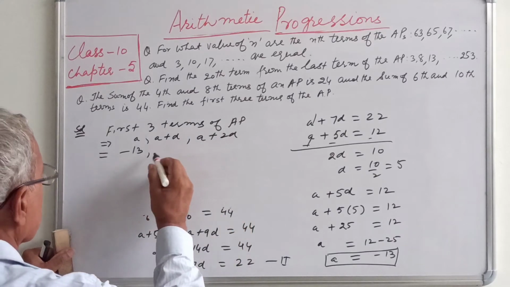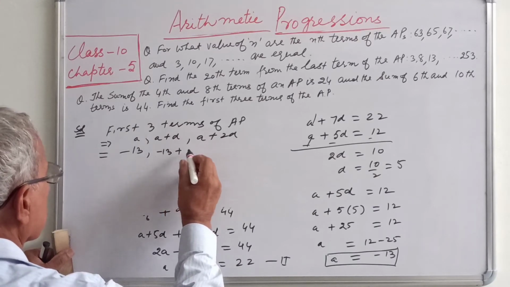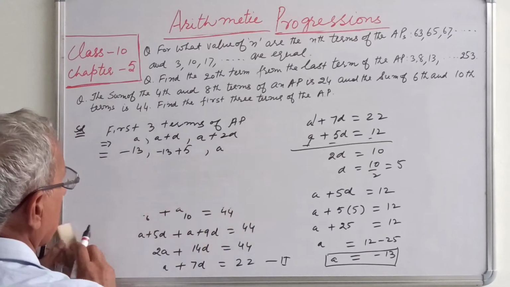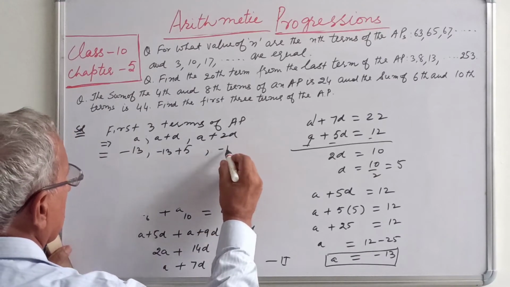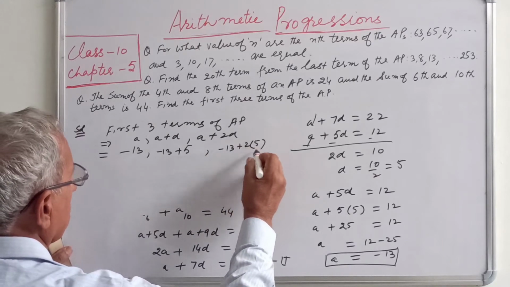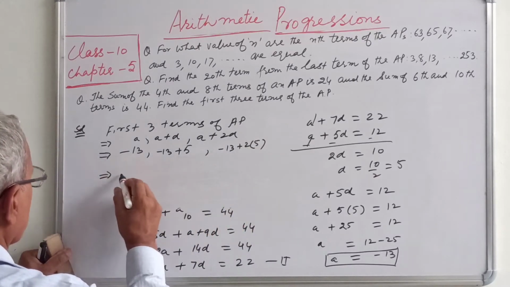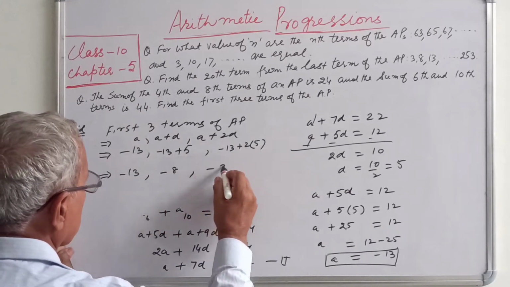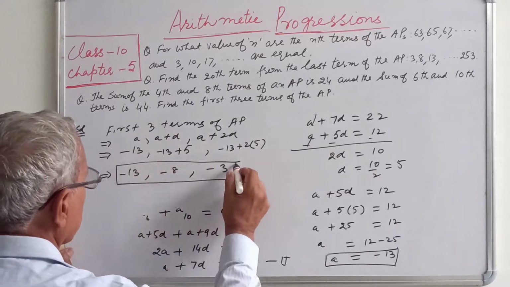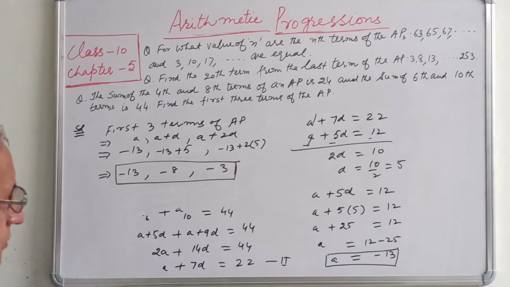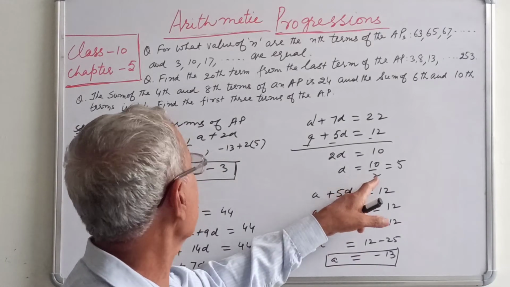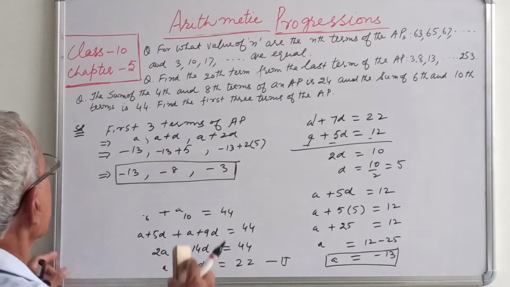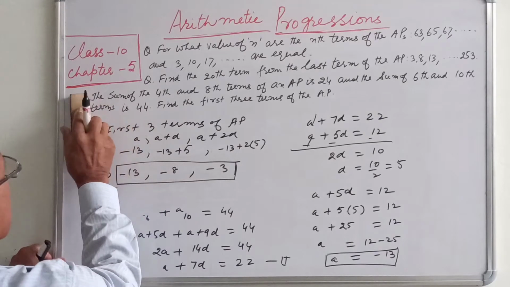So the second is minus 13 plus D, which is 5, and the third is minus 13 plus 2 into 5. So this becomes minus 13, minus 8 and minus 3. These are the first 3 terms of the AP. So A is minus 13, D is 5 and the first 3 terms are minus 13, minus 8 and minus 3. So this was the third question.